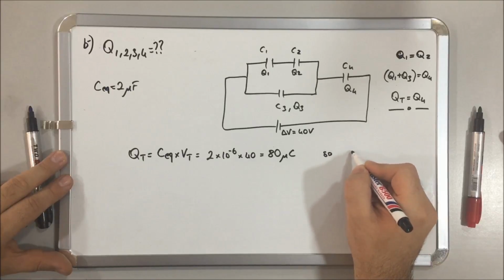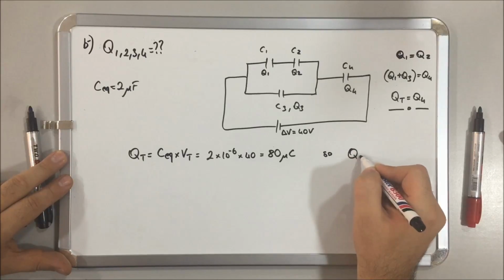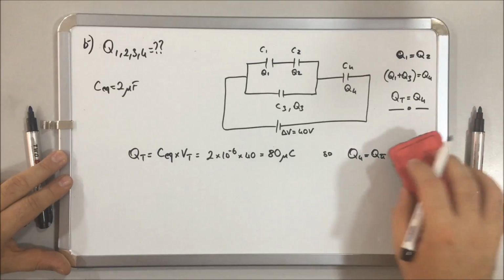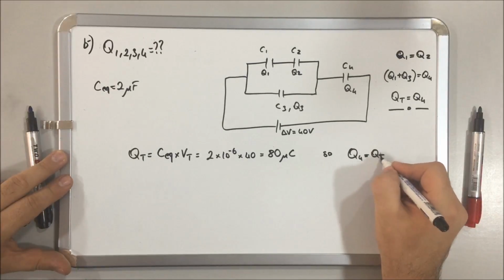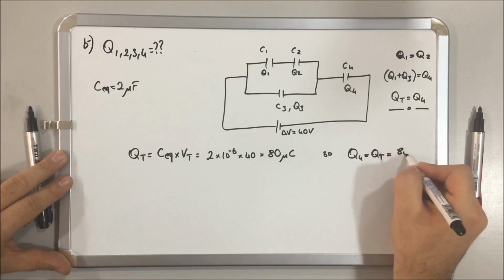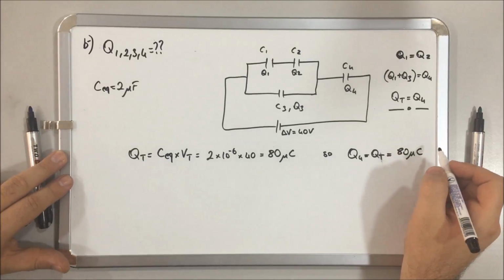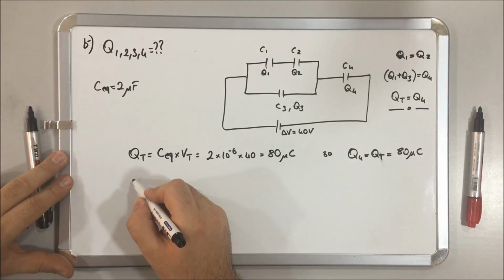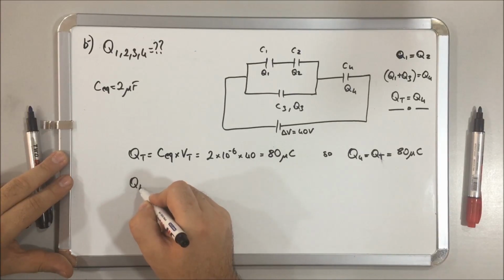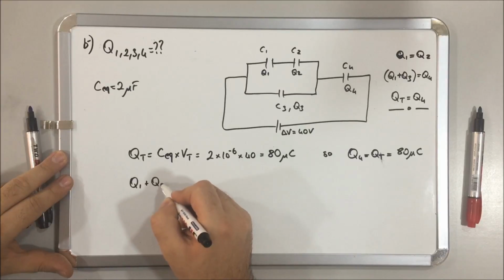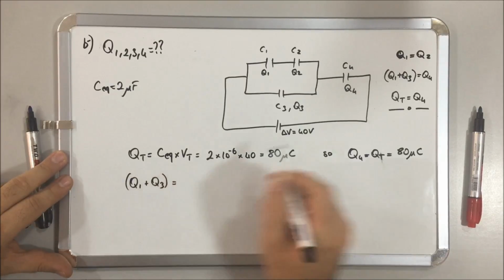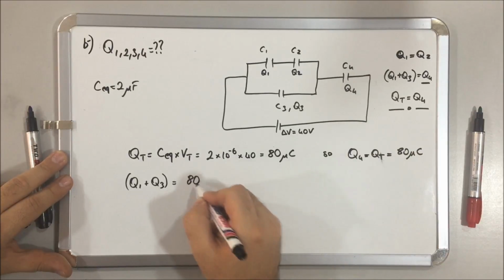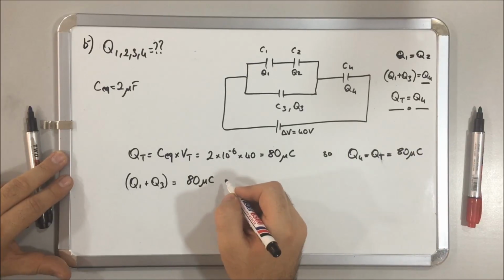So Q4 is equals to Q total, which is equals to 80 microcoulomb. And I know Q1 plus Q3 must be equal Q4. So they must be equal 80 microcoulomb.